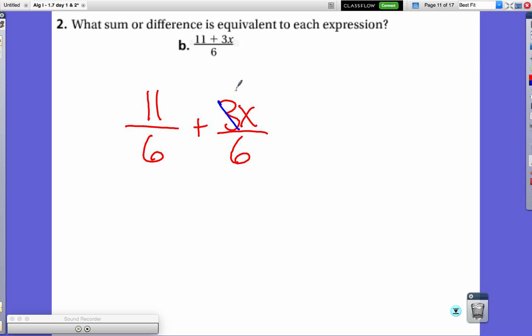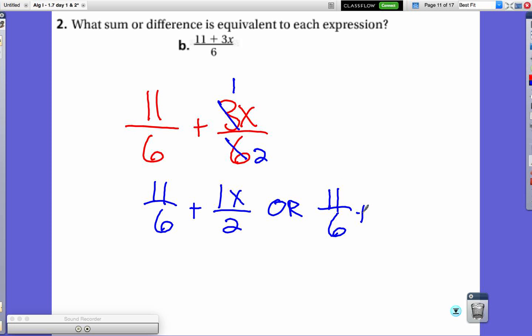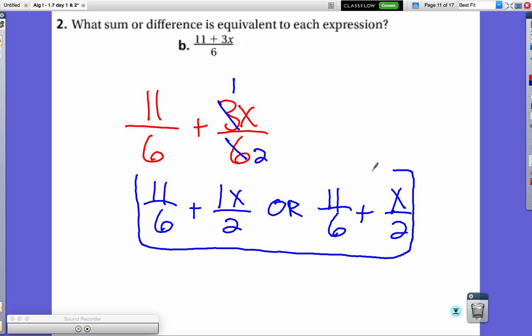We can cross this one out, put a 1. 3 goes into 6 2 times. So this answer would be 11 over 6 plus 1x over 2. Or you could simply put 11 over 6 plus x over 2. Either one of those would work.